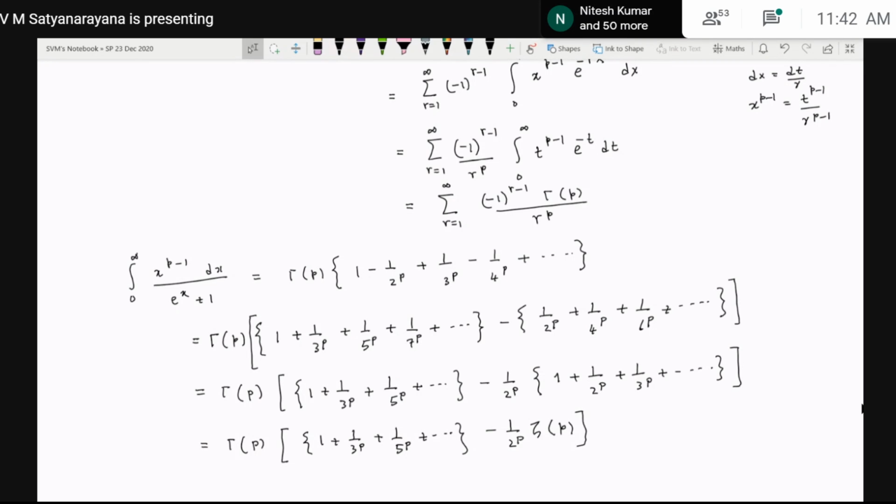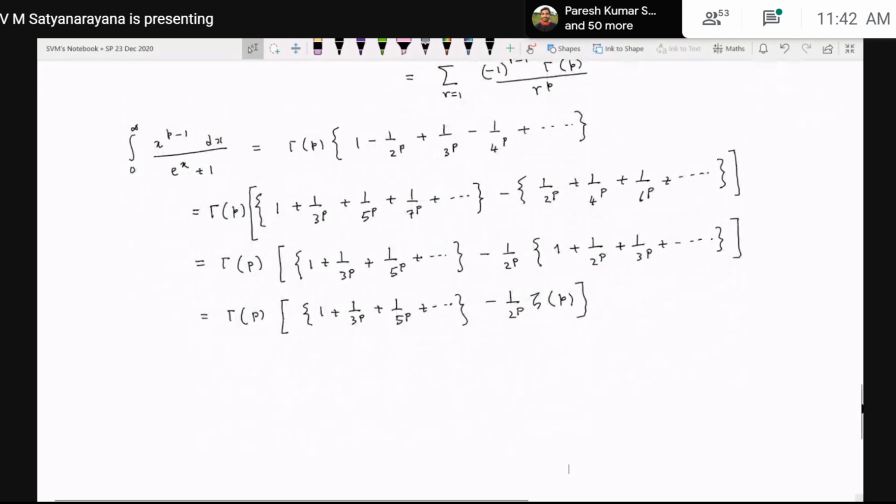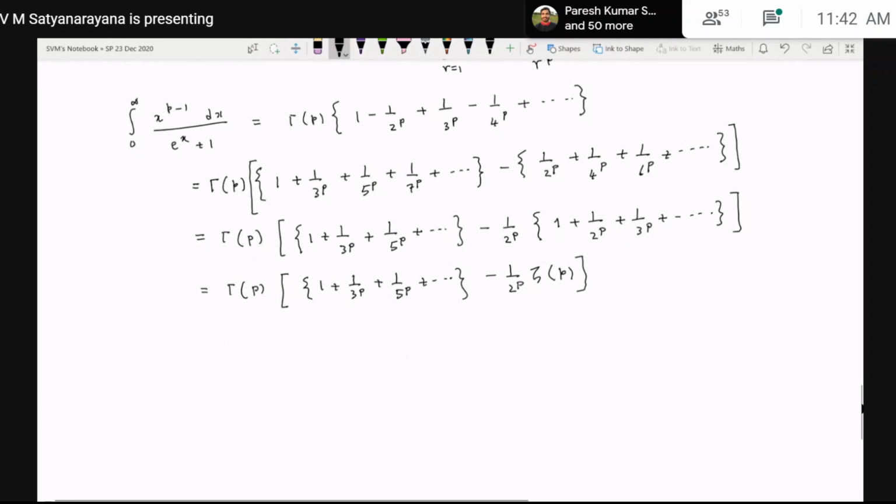Now I want to put everything in terms of this Riemann zeta function. So what I will do is add and subtract.